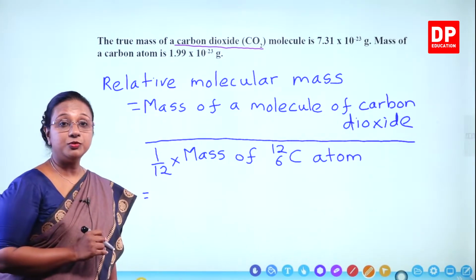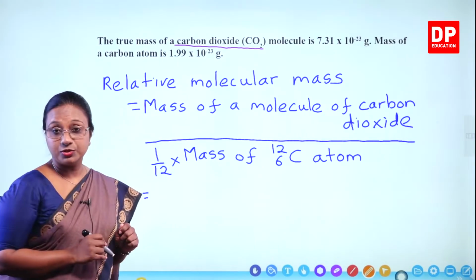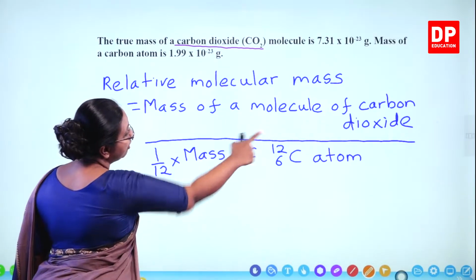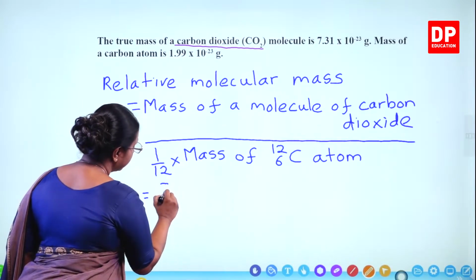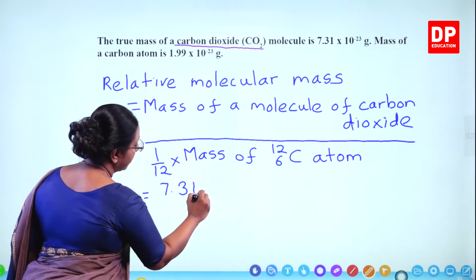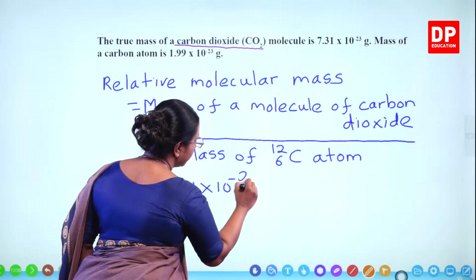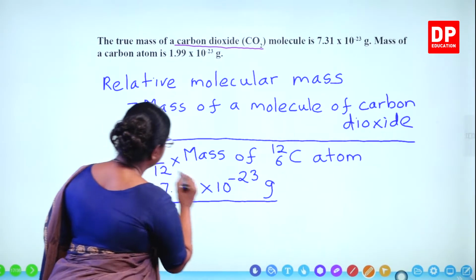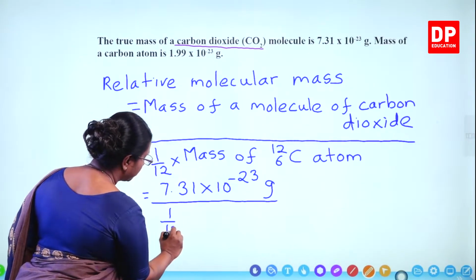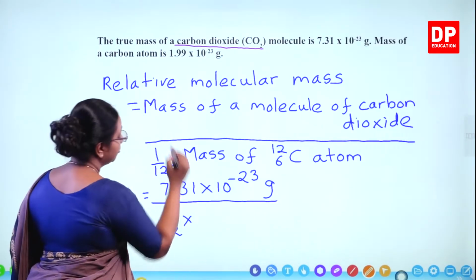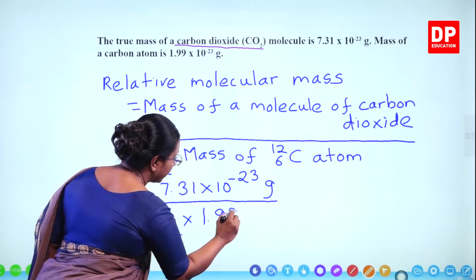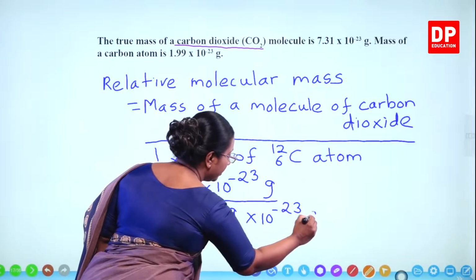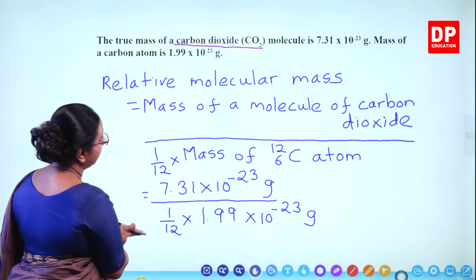Then what do you have to do? We have to substitute the values. So the mass of one molecule of carbon dioxide is 7.31 into 10 to the minus 23 grams. That has to be divided by 1 over 12 into, you know the value for this, 1.99 into 10 to the minus 23. That is also in grams.